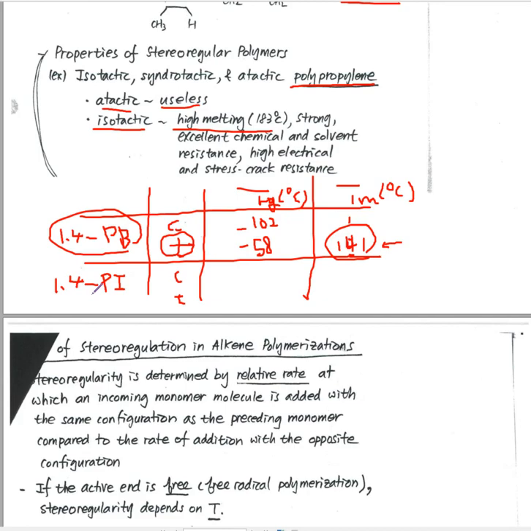Similarly, 1,4 polyisoprene also has a similar trend in terms of Tg. Cis is minus 73 and trans is minus 58. For melting temperature, it's 28 and 74, also much higher values for the trans configuration.